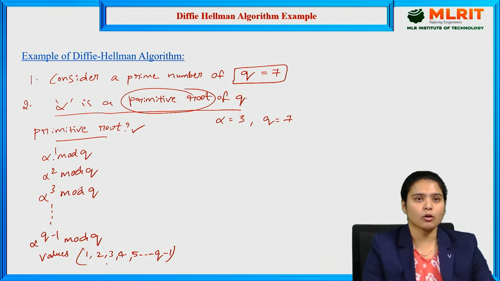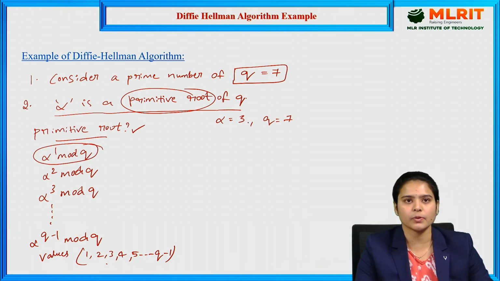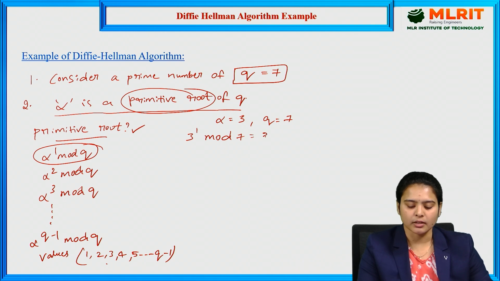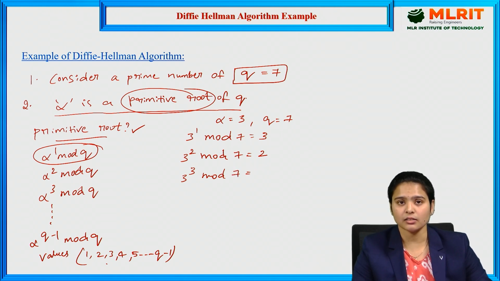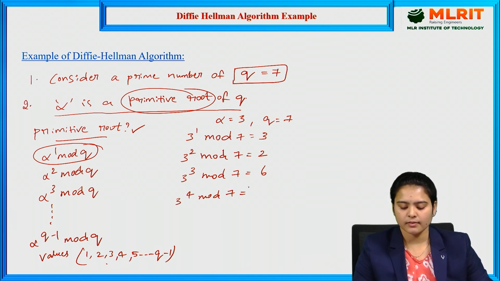We need to substitute the alpha value and Q value in this formula. So alpha power 1 is 3 power 1 mod 7, which equals 3 mod 7, so the value is 3. 3 power 2 mod 7: 3 times 3 is 9, so 9 mod 7 equals 2. 3 power 3 mod 7: 9 times 3 is 27, and 27 mod 7 equals 6. 3 power 4 mod 7 value is 4.